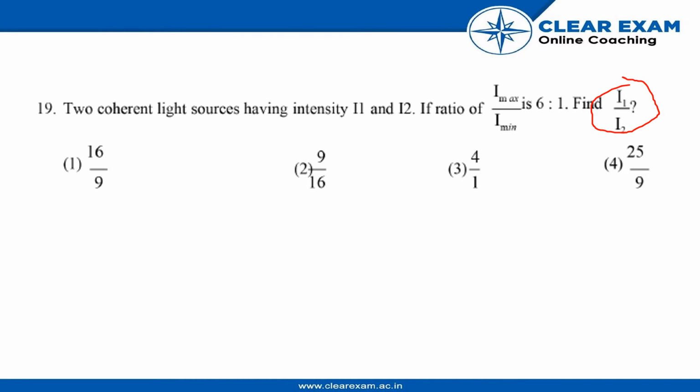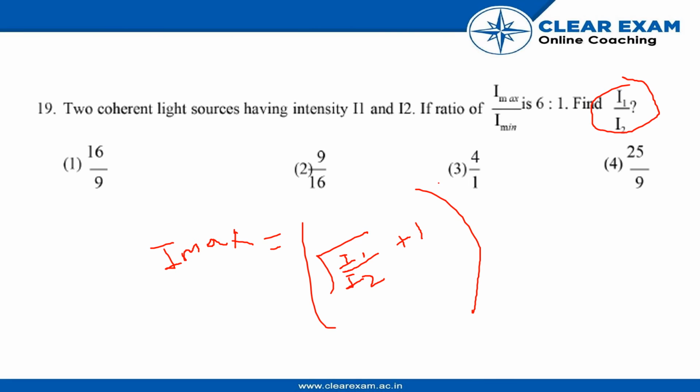So as we know the formula that Imax is equal to (root I1 upon root I2 plus 1) whole square.